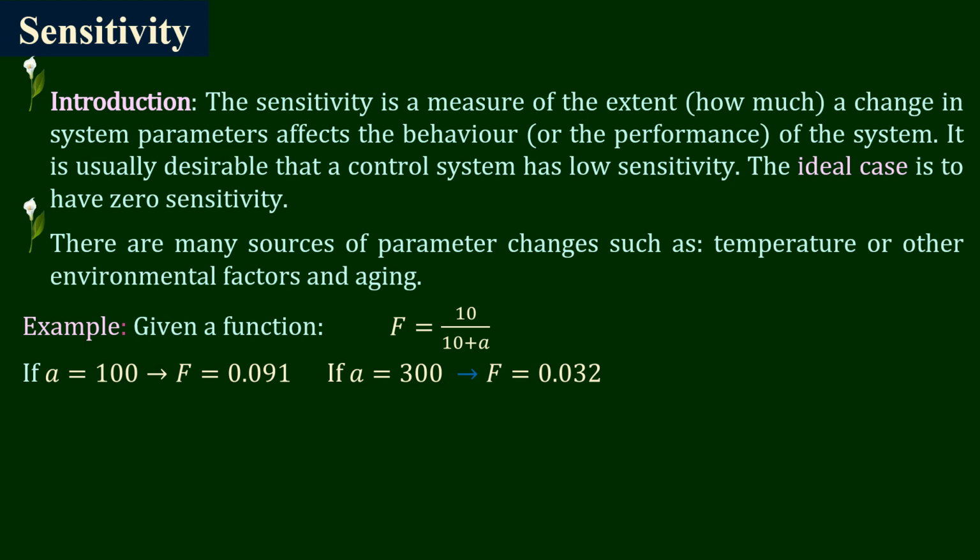Suppose whenever A is equal to 100, this function gives us f equal to 0.091, and if A is equal to 300, f gives us 0.032. So there is a big difference between this value and this value.